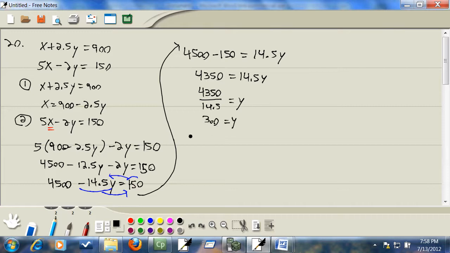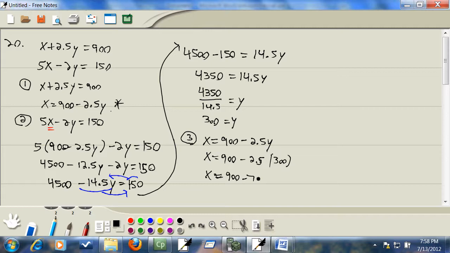Okay. Now step 3 says plug this into the equation from step 1, which is right here. And again, it's perfect form because it's solved for the other variable already. So I got x is equal to 900 minus 2.5y. So it gives us 900 minus 2.5 times 300. So we got 900 minus 2.5 times 300.